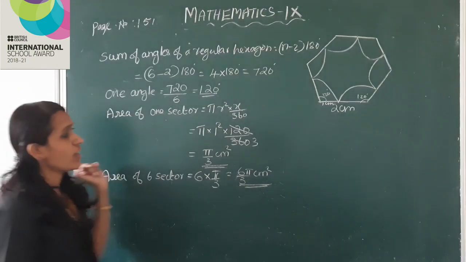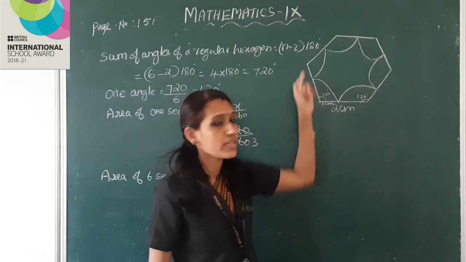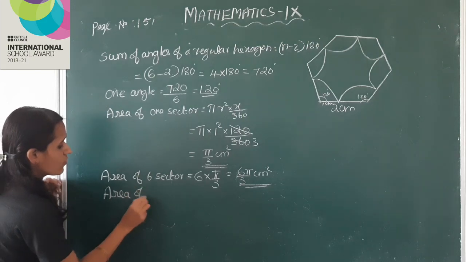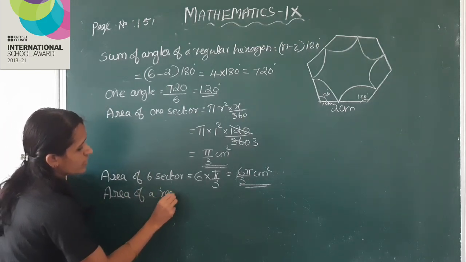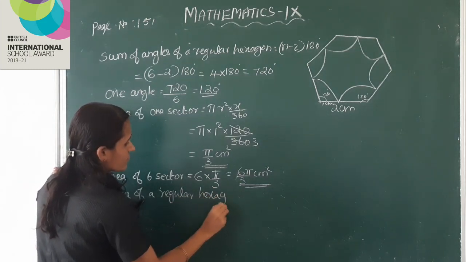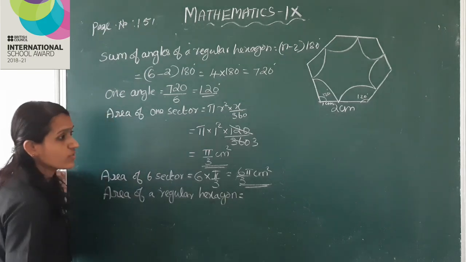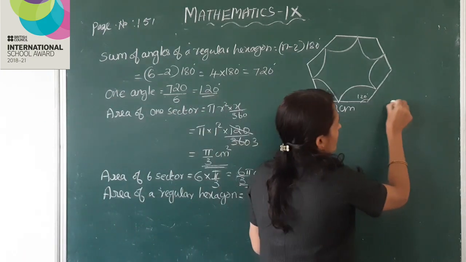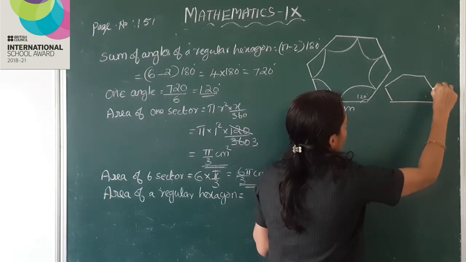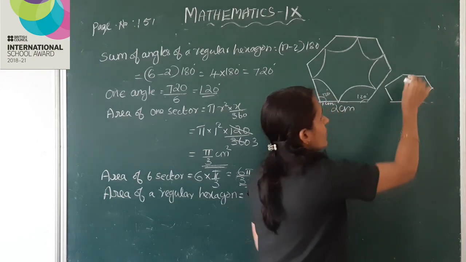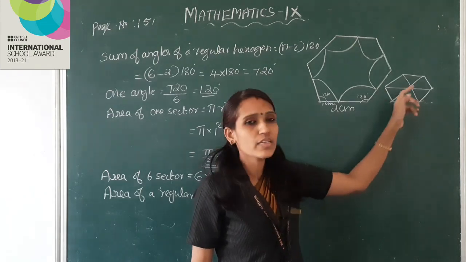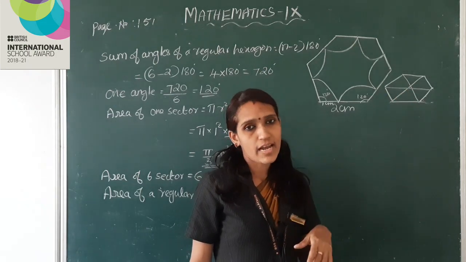Next we have to find area of a regular hexagon. The regular hexagon is divided into 6 equilateral triangles.